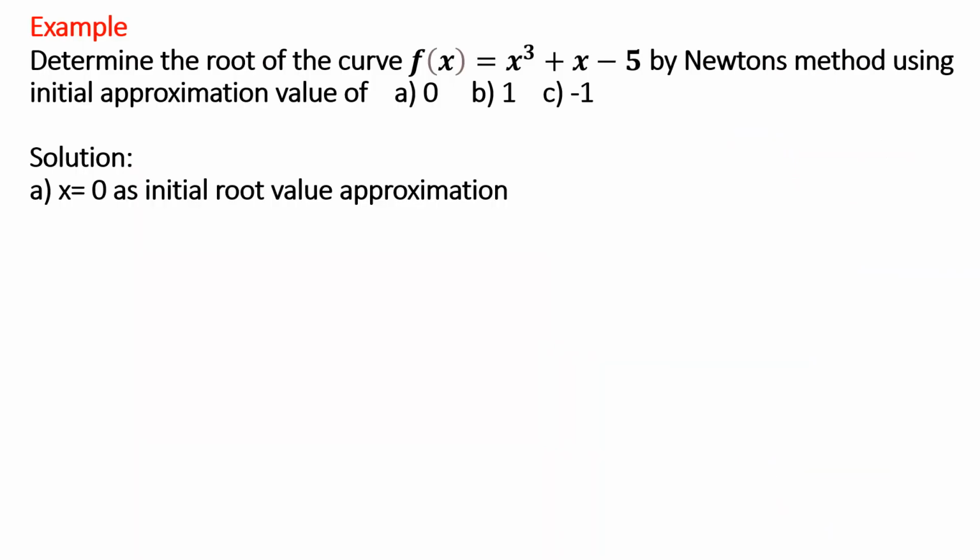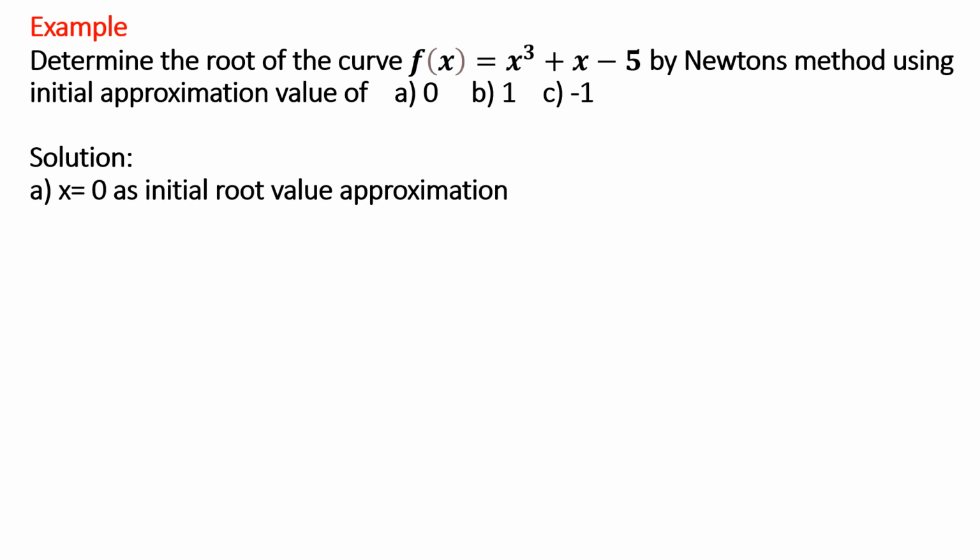So for example, determine the root of the curve f of x equals x cubed plus x minus 5 by Newton's method using initial approximation values of letter A, 0, B, equals 1, and C, equals minus 1.